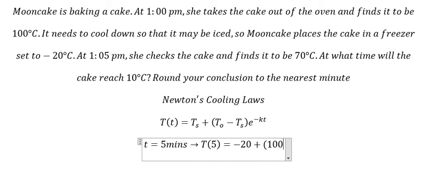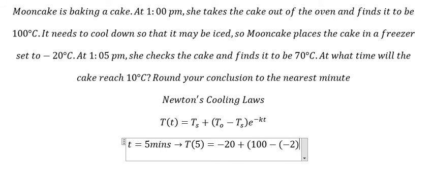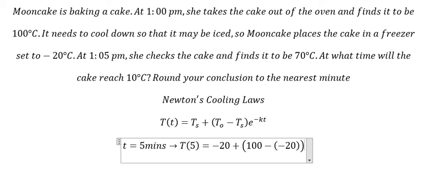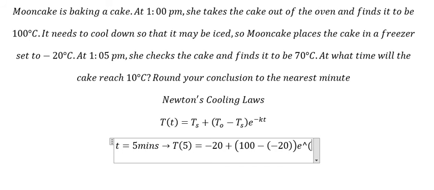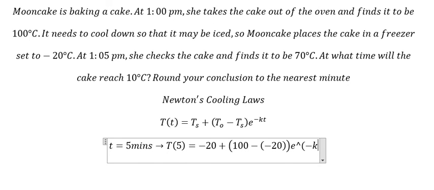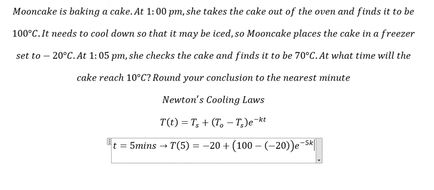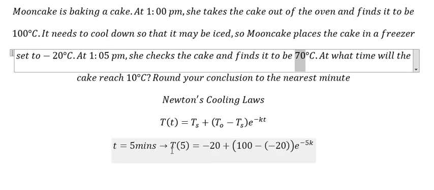And we have 100 minus negative 20, and we have e to the power of negative 5k. We see that at 1:05 p.m. the temperature is 70. So we will put 70 in here.